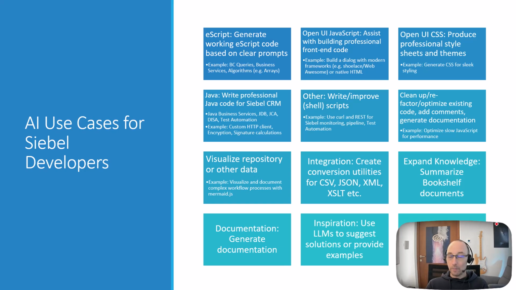And so now we have broken down the tools, and there will be a quick demo of an AI-assisted coding environment, Claude Code. But what are the actual use cases? So we have seen one use case already. So basically, eScript. The use case would be generate working eScript code based on clear prompts, right?